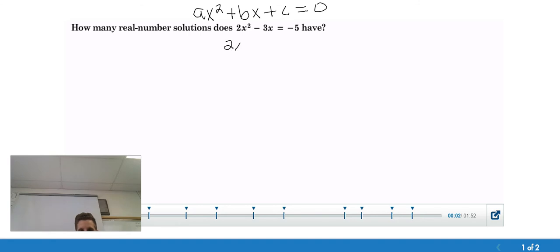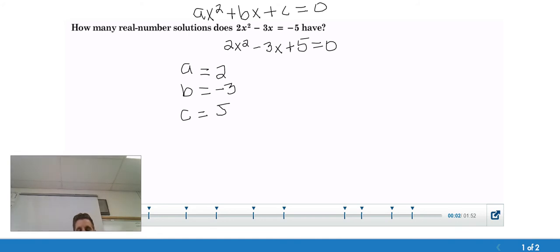So I get 2x squared minus 3x plus 5 equals 0, and now we are in standard form. From here I can write out my a, b, and c like I'd be solving this equation using the quadratic formula. A is 2, b is negative 3, and c is 5.